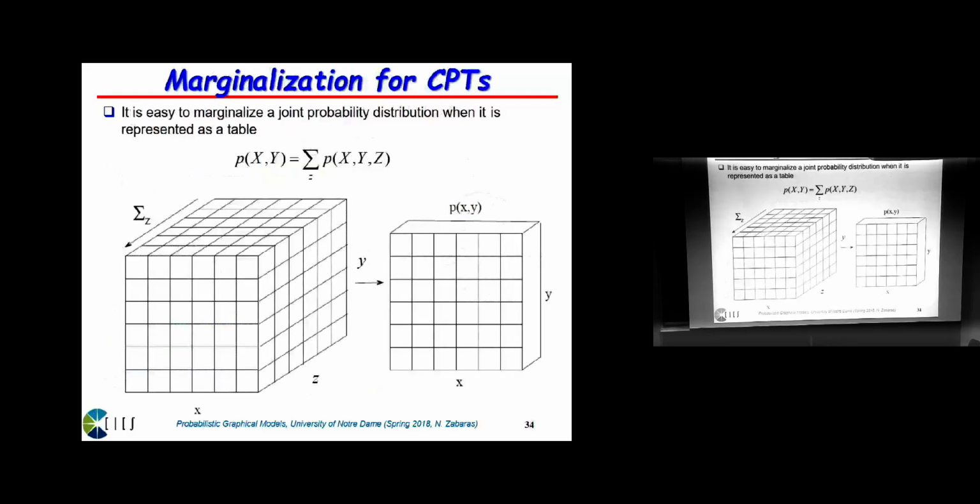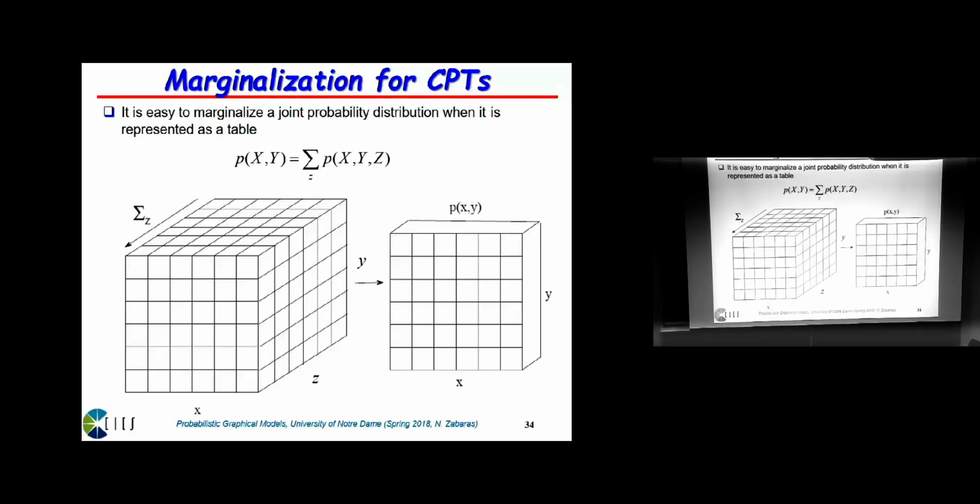These marginalizations you can think of visually, at least in the context of discrete variables, as some sort of collapsing of big tables. So if you have an XYZ table that is fully occupied with numbers, each of these little boxes, the cubes, contains the probability of X, Y, and Z having the particular values in this box.